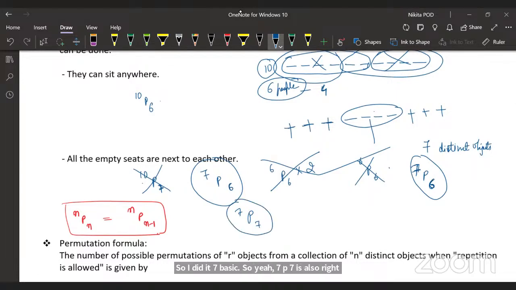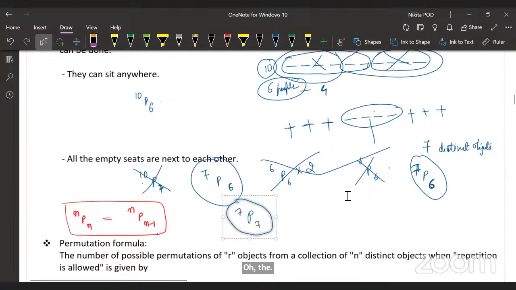Ma'am, when to use P and C? Can you repeat? When to use permutation and when to use combination? When I come to combination, I will tell you. Let's finish. Ma'am, I do have doubts from lecture videos. Tell me. Ma'am, in the tutorial, there is one problem where there are 6 men and 4 women, and we have to form 3 couples out of them.